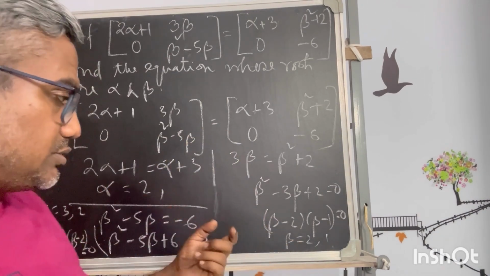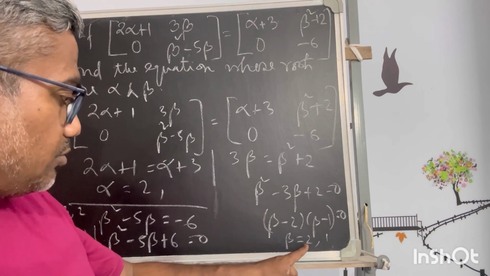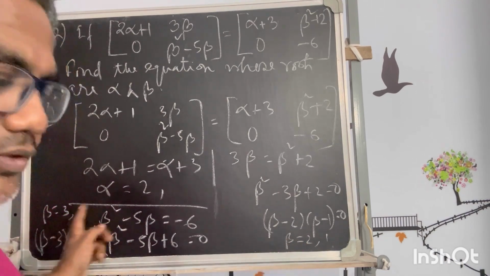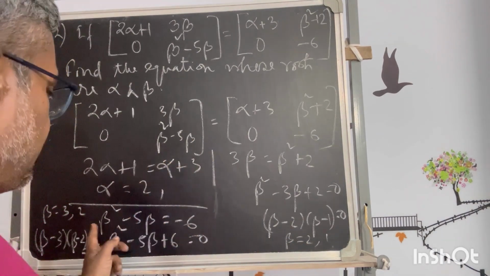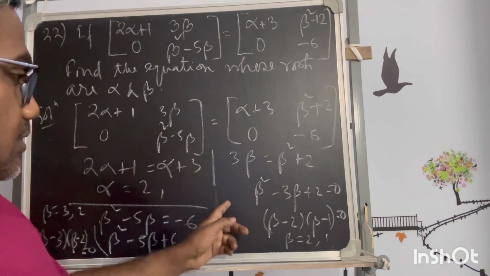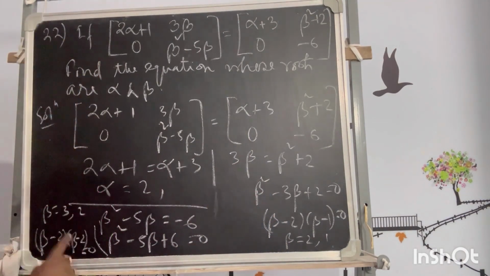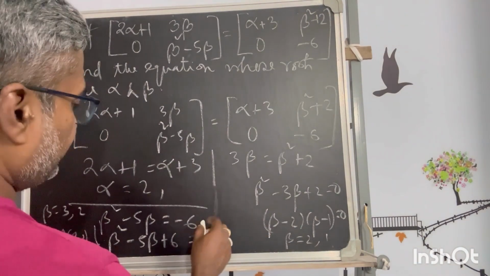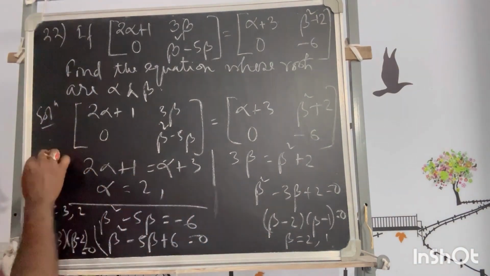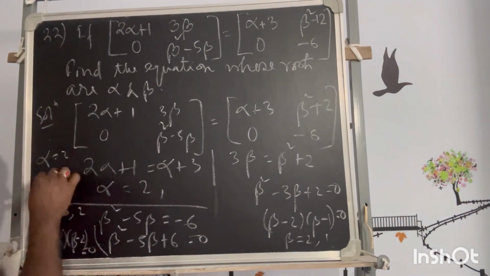So what you have to choose then? You have to choose the common solution from these two, which will satisfy both equations, and that would be the value of beta here. Out of this, 2 is common, so definitely beta value is 2, and alpha you already got is 2, and beta has to be 2.